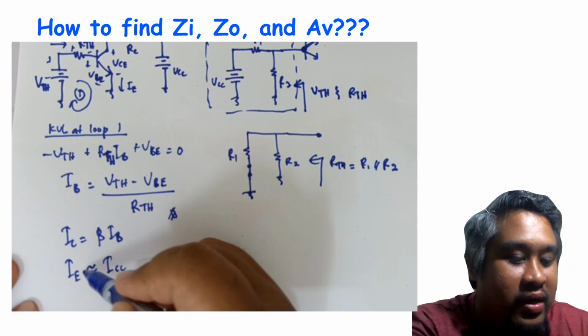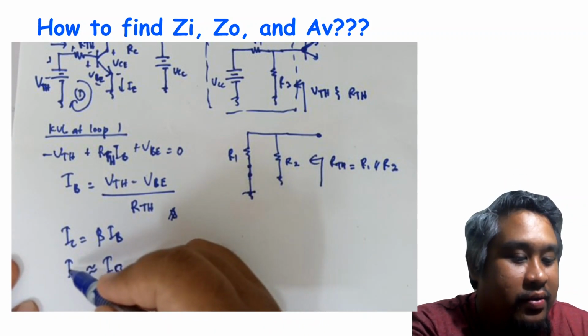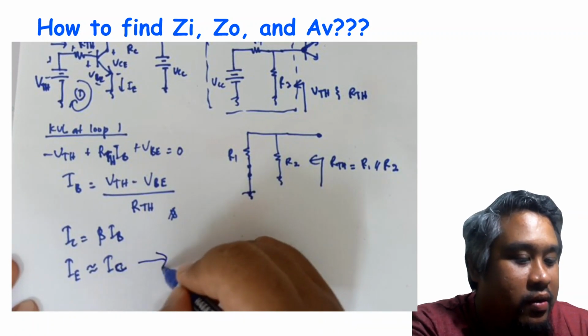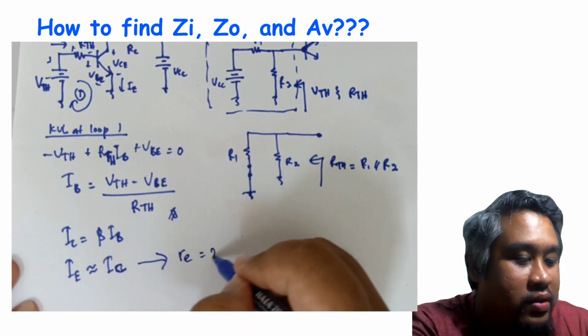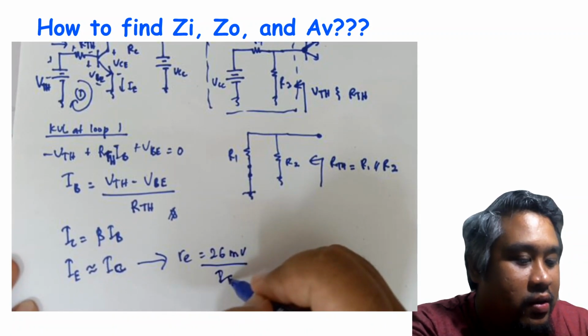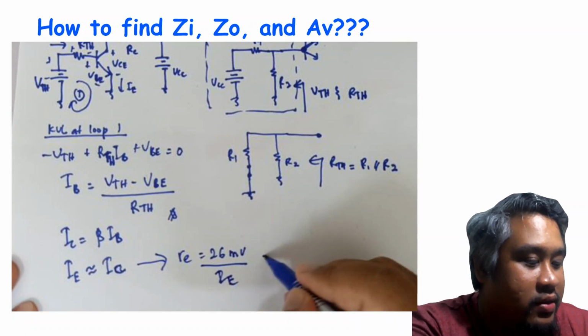We already know that IE equals IC, and we will use this value to find RE. RE equals 26 millivolts over IE.